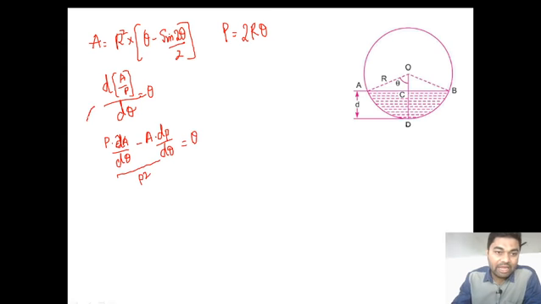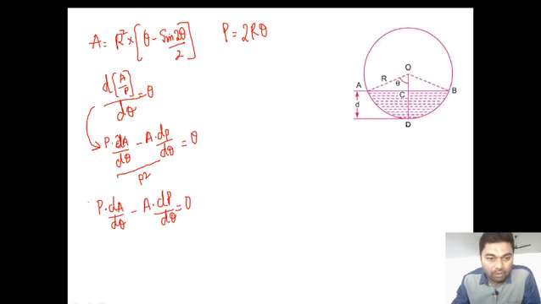We get this value by differentiating the above equation. So from this equation we can write P dA/dθ minus A dP/dθ is equal to 0. Keep this value in this box.